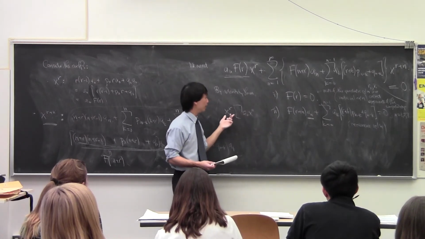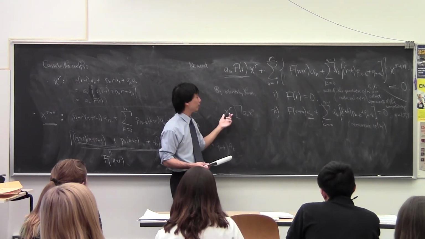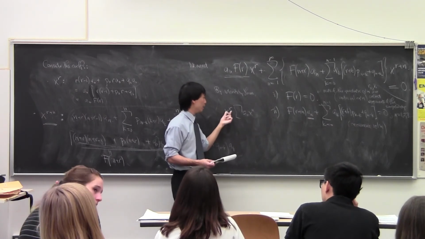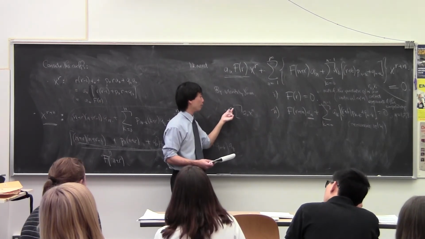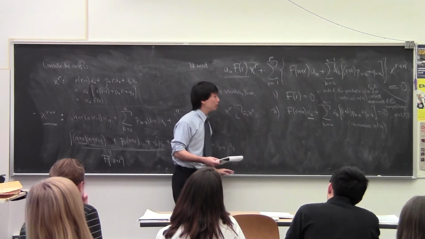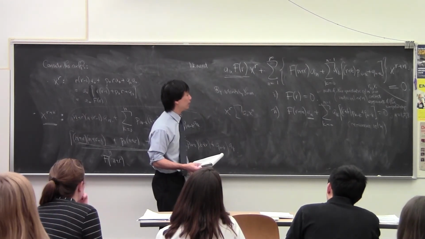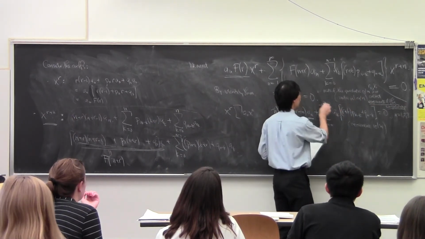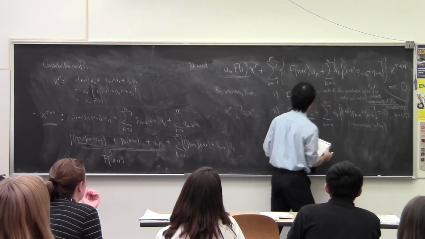In this case, we're going to need x to the r, where r is one of those roots. Exponents of singularity. So this thing is called the indicial equation. This thing is called the recurrence relation.